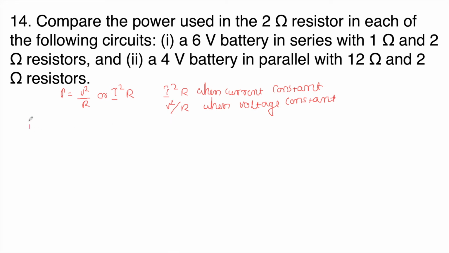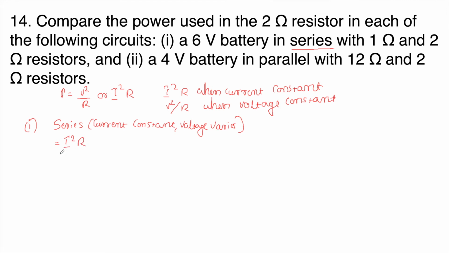So the first one, it is given here, it is in series connection. Okay, so series means current constant. Okay, but voltage varies. When current is constant, we can use the formula I square R to find the power.